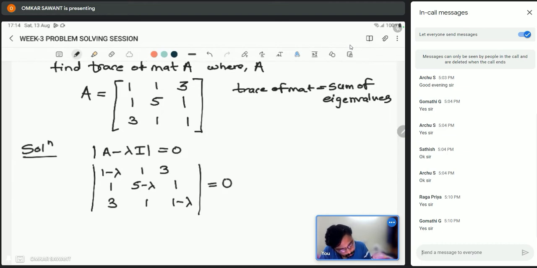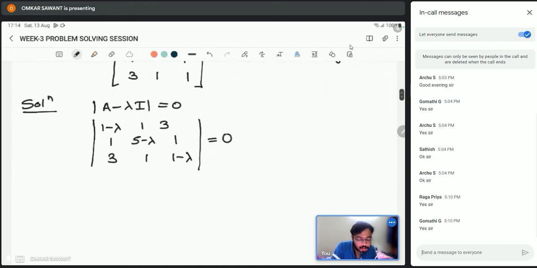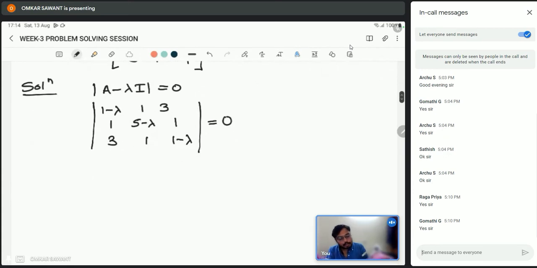We subtract the eigenvalue lambda from the diagonal elements and compute the determinant.